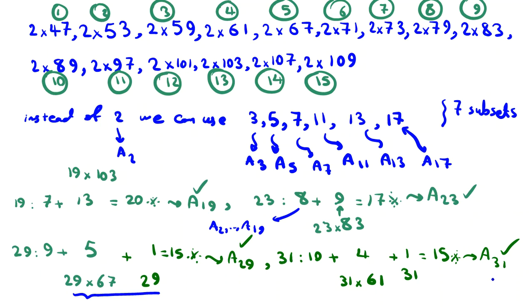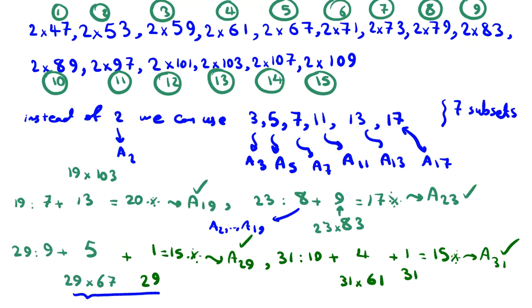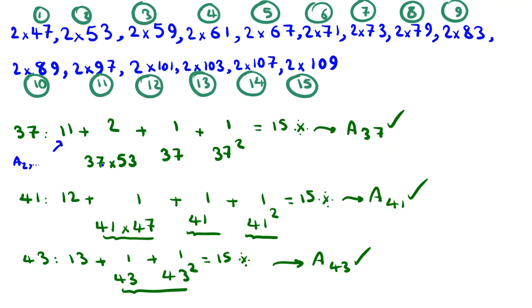If we don't have A31, I want to prove that we have A31. We have 10 plus 31 times 61, 1, 2, 3, 4. And also you consider 31, again 15 subsets. Contradiction, so we have A31. Now for 37, you consider A2 to A31.